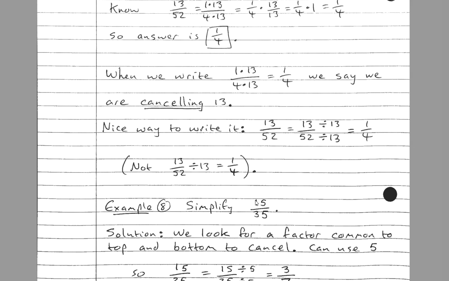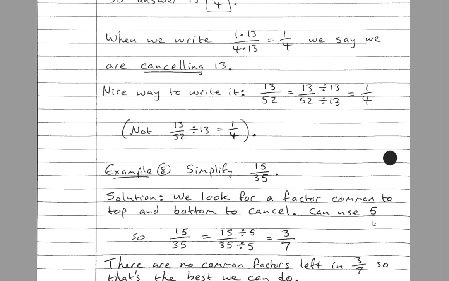And yeah, you can see that 5. And so 15 has 5 as a factor. So 5 divides 15. 5 also divides 35. Okay, so we can cancel 5s. Okay, so divide by 5 on the top, we get 3. Divide by 5 on the bottom, yeah, 5 goes into 35 7 times.